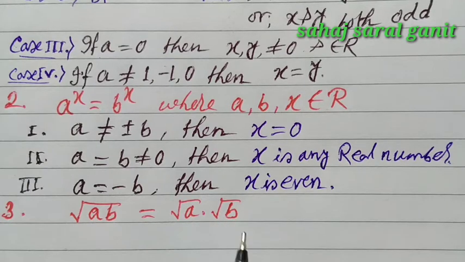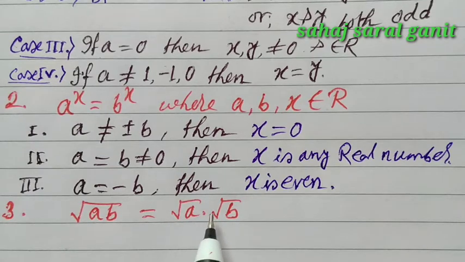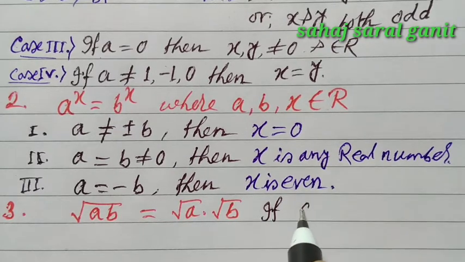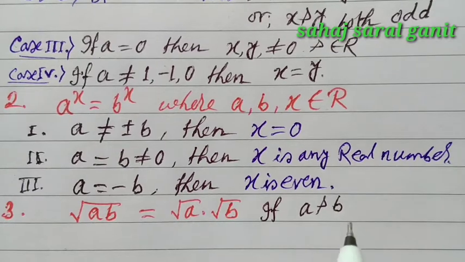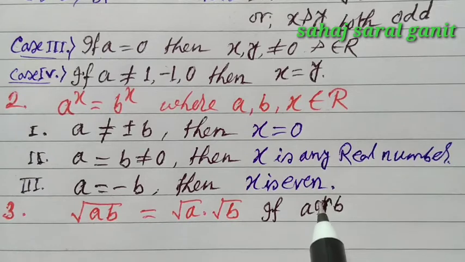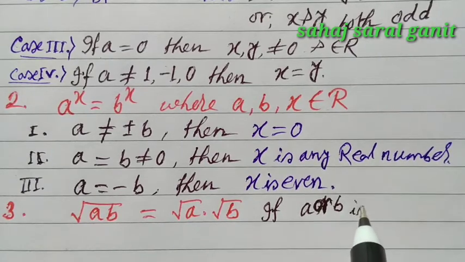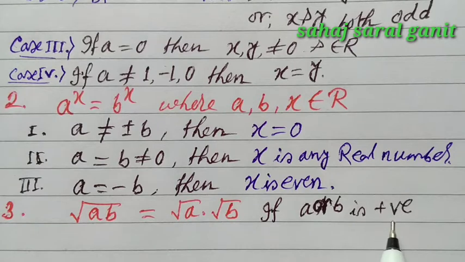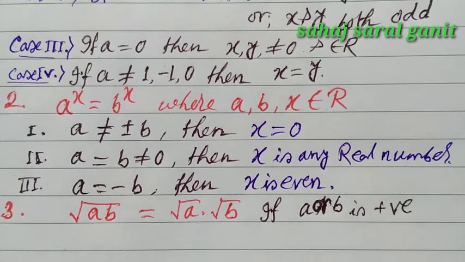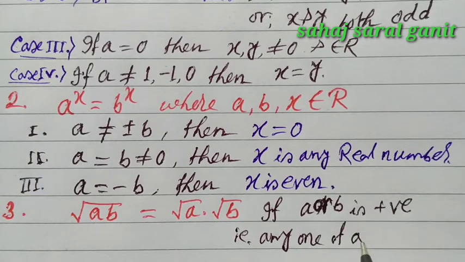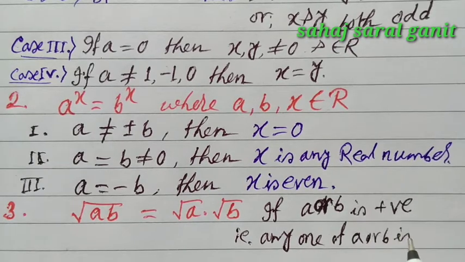We can say the square root of ab is equal to root a into root b if and only if a or b is positive, that is, any one of a or b is positive.